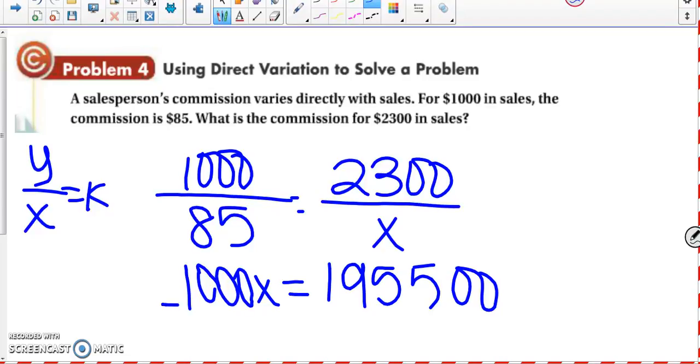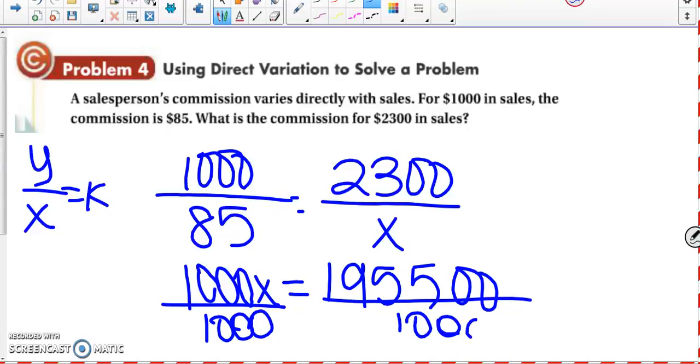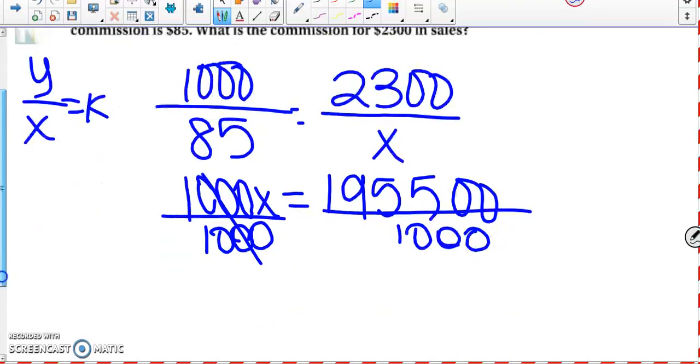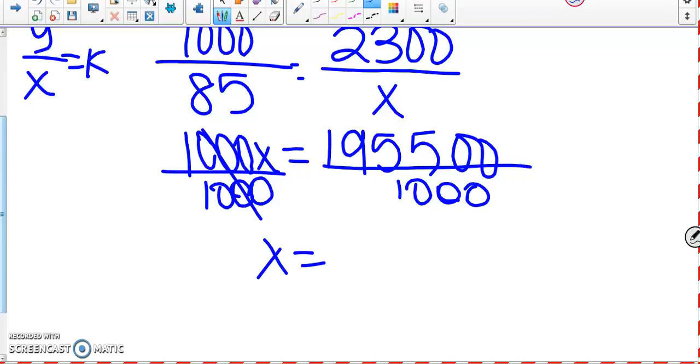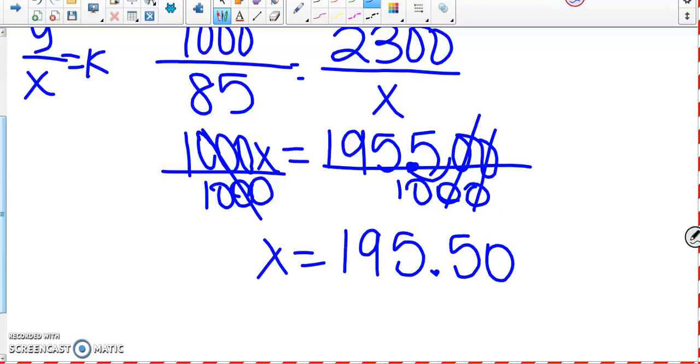And I'm going to divide by 1,000 to isolate x. Therefore, we would get $195 in commission. Good job, guys.